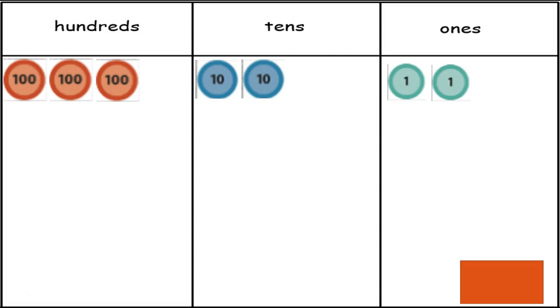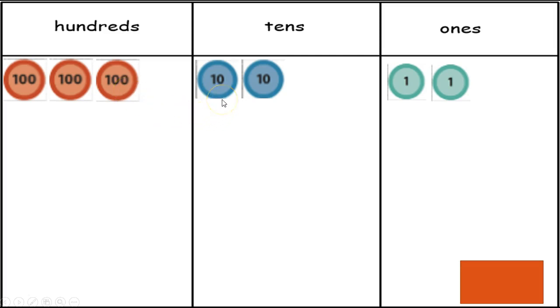How many discs do I have all together here? Now remember, we've got to count by hundreds, tens, and ones. So let's start over here with hundreds. Now remember, we have to skip count by hundreds because these are hundreds. So here we go. Start at 100. 100, 200, 300.